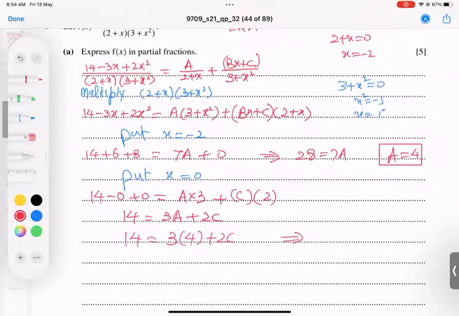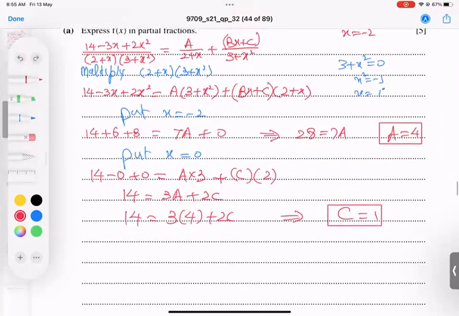So I'm getting here 12, 14 minus 12, we got 2, and C becomes 1. Let me check again, one minute, please. Yes, C becomes 1. Okay. 12 goes there, 2 to divide, correct. Okay, now I'm going to plug in any other number you like.